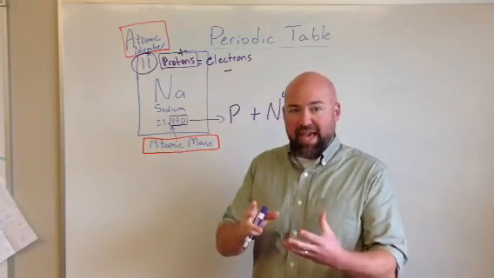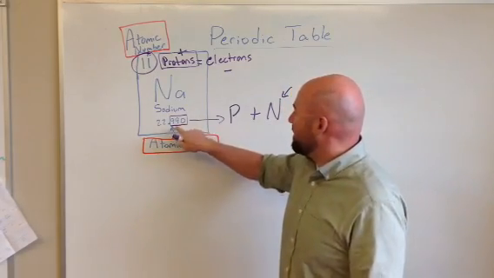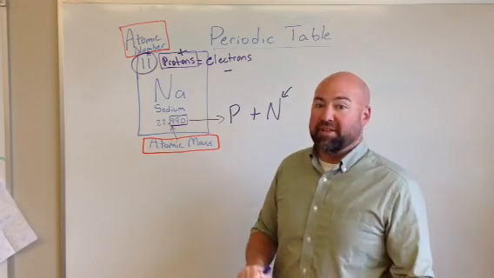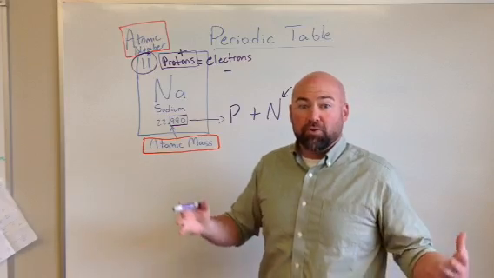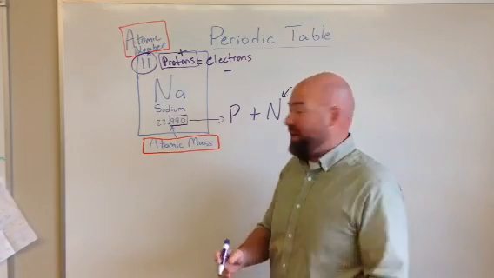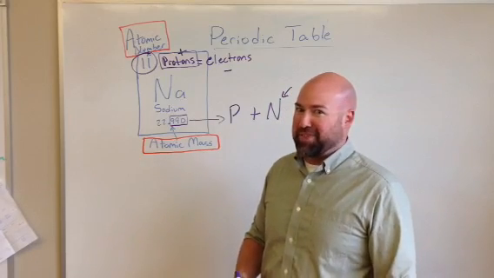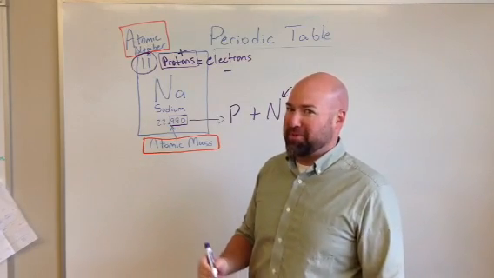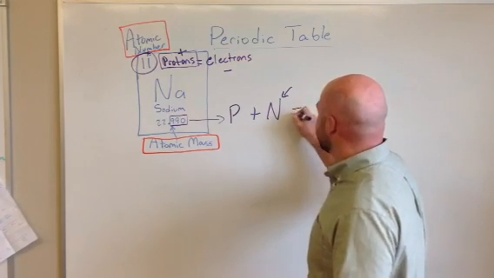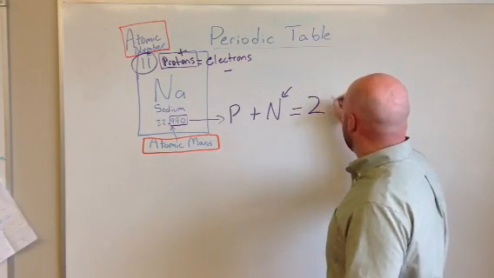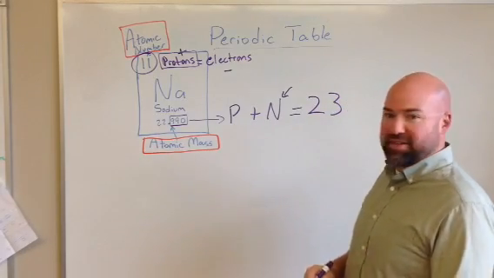And they take the average of them all that they find in nature and we end up with a decimal. Now we can solve that problem by rounding and we get the most common type of sodium out there. So 22.9, if you'll think back to, I believe it's fourth grade math, we can round that to 23.